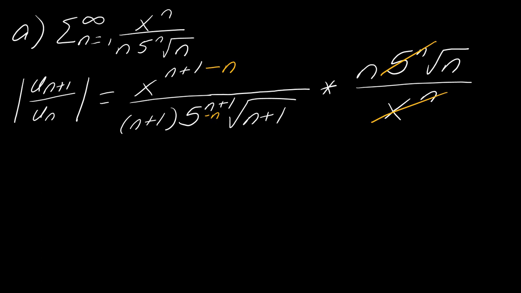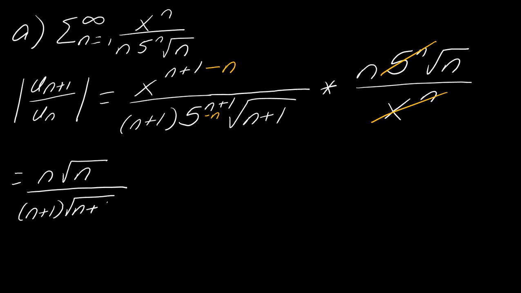So on top now, I've got n times the square root of n, and then n plus 1 times the square root of n plus 1, all times x over 5. This is just how I like to do this.